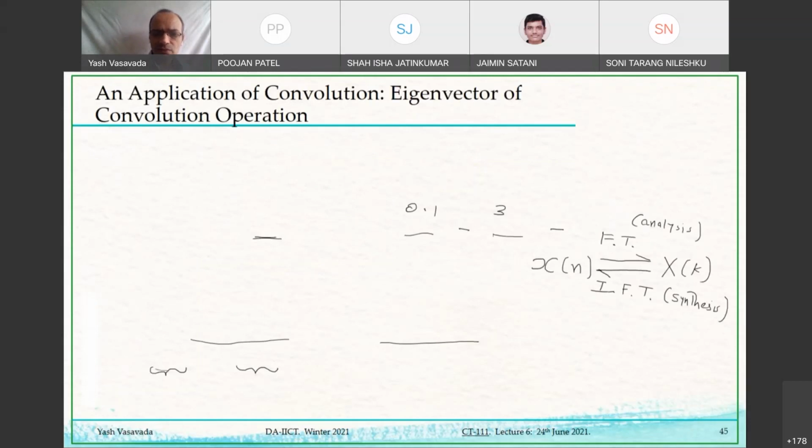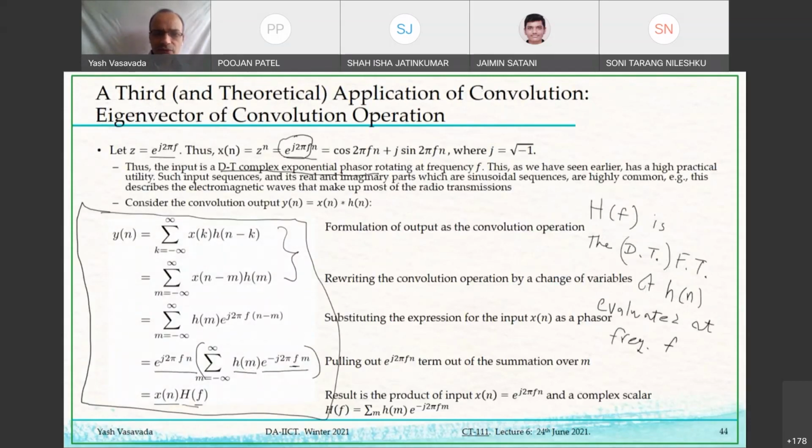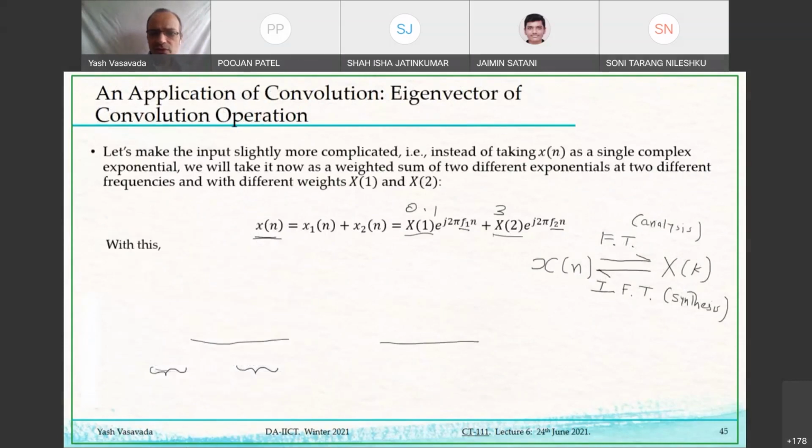What I want you to think about is that we are defining the Fourier transformation as the weights of complex exponentials. Weights of complex exponentials at different frequencies are the Fourier transform values at those frequencies.